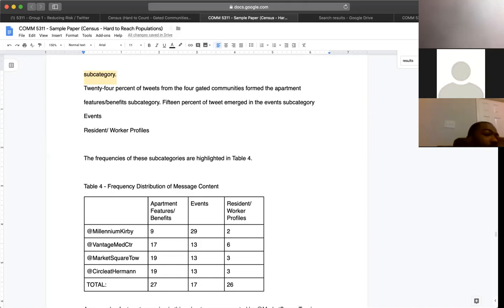But I did find out that if the census wanted to sponsor an event, these are the events they can say, hey, we'll sponsor bottled water for a week, or anything to get into those gates. Interesting. So it's okay if your questions aren't answered. It's just that the data didn't present itself.